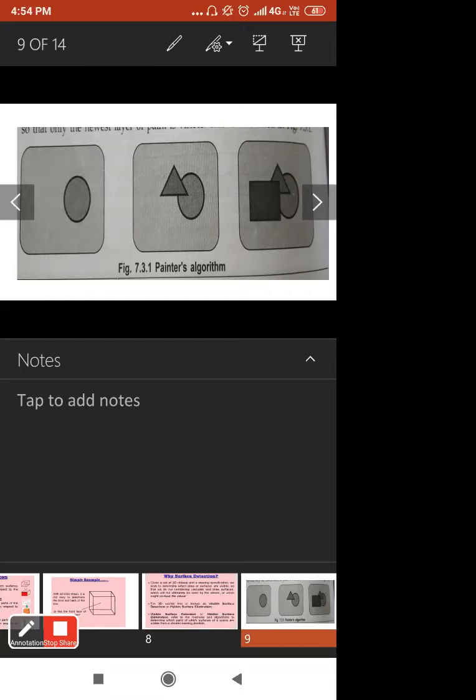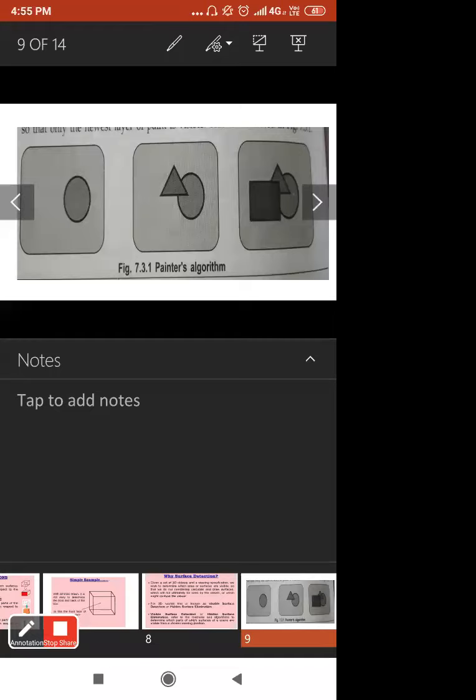There is no need to erase the portion of the background. Instead, we simply paint on top of it. The new paint covers the old one, so that only the newest layer of paint is visible.